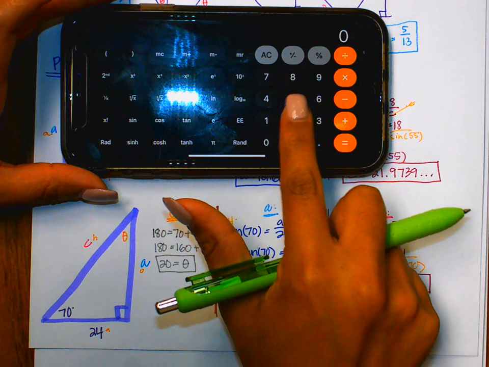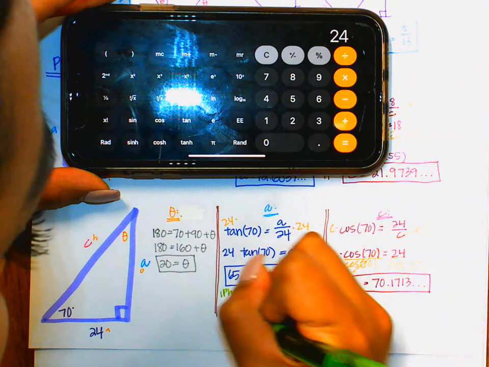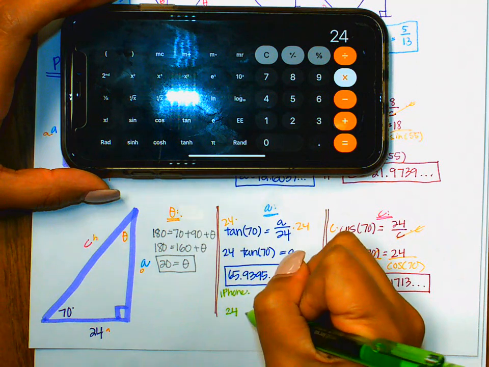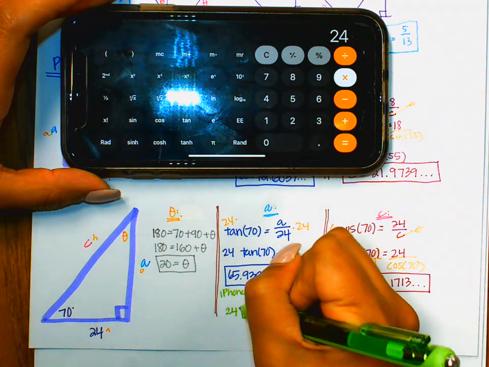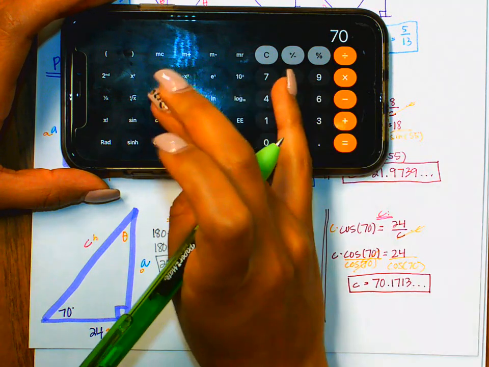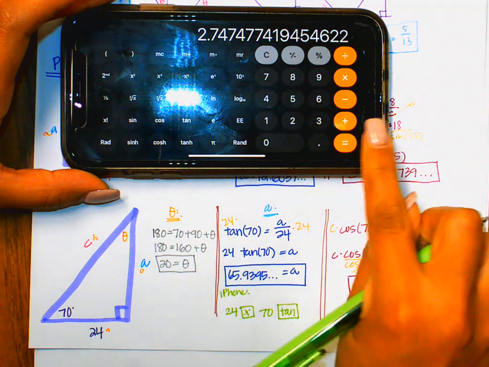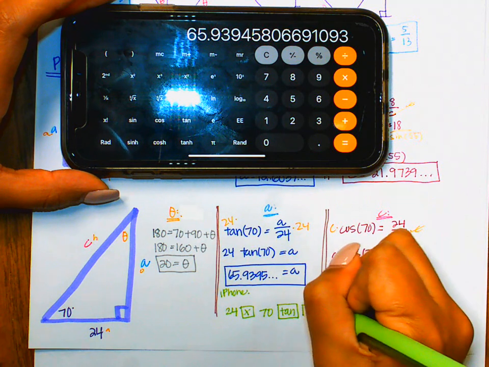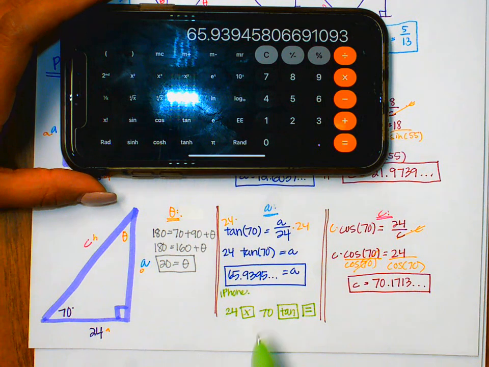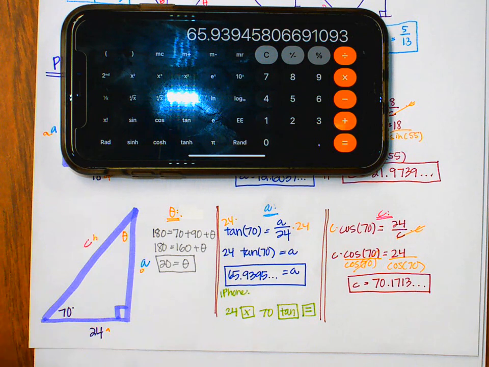So I'm going to do 24 multiplied by, so x, 70, tangent, enter. You want to make sure that you do the enter sign because the number that was right before it is only the 70 of tangent.